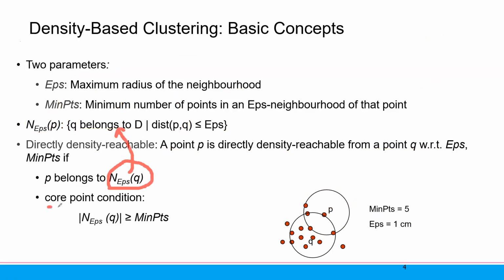And then the core point condition: the number of points in the neighborhood is higher than or equal to the MinPts. MinPts is 5. Then if we have 5 points, we can say that it is directly density reachable.